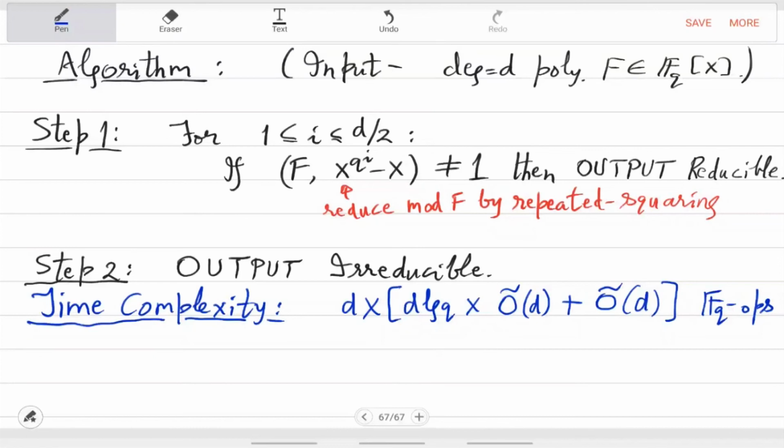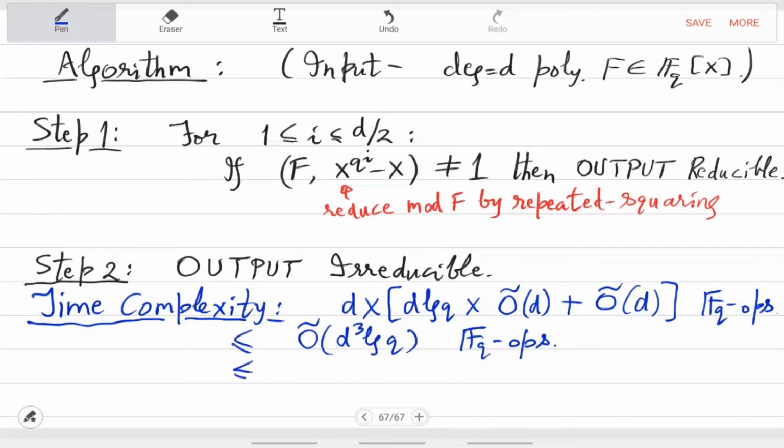So this is the time complexity, which, ultimately, we can talk about actually in bit operations as well. So this is at most d cube log q, which is at most... FQ operations will take how much time?